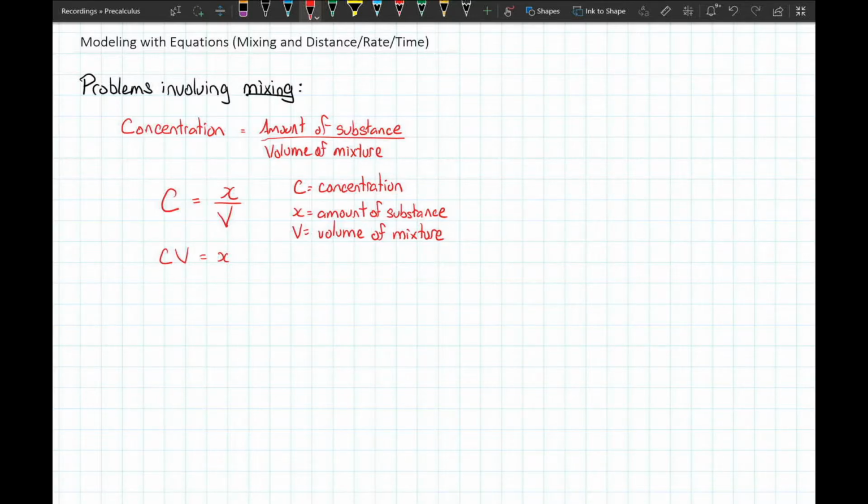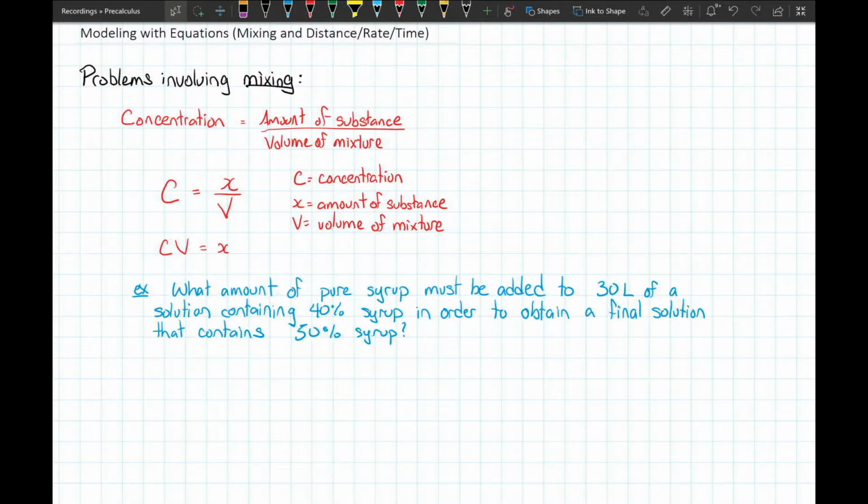Here's an example of a problem that involves mixing. In this example, we want to know what amount of pure syrup has to be added to 30 liters of some solution containing 40% syrup in order to get a final solution that contains 50% syrup. Now, you could maybe draw a little picture of this. We've got a container of pure syrup.